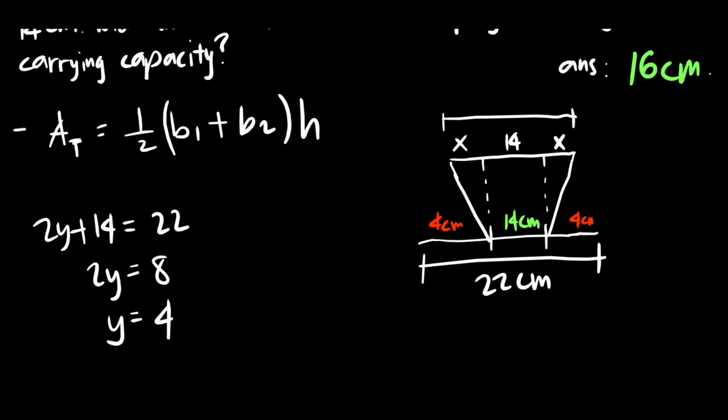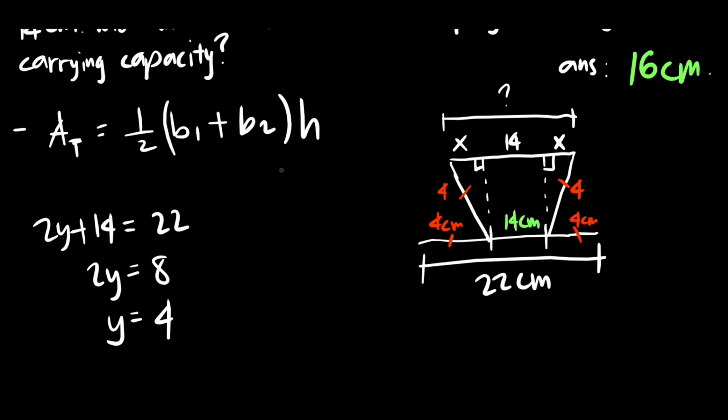So 4 cm. This one is congruent with this one, and this one is congruent with this one, so this is also 4, this is also 4, and what we try to find is the length of this one. And we have 90 degrees here.